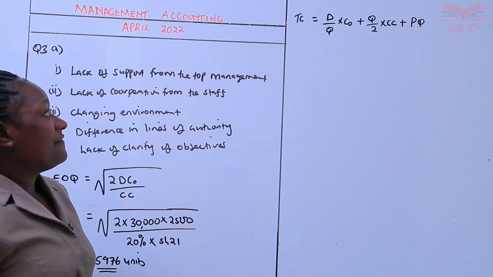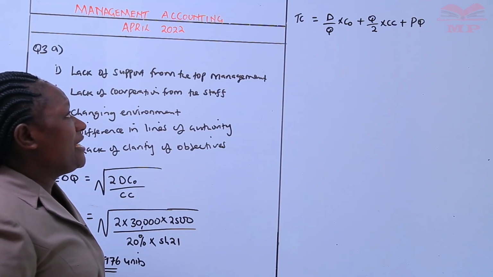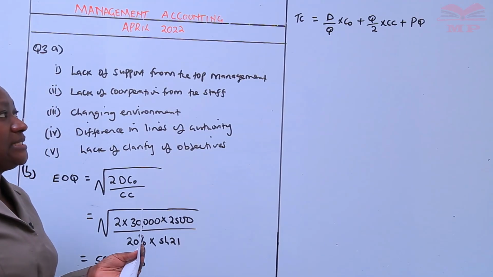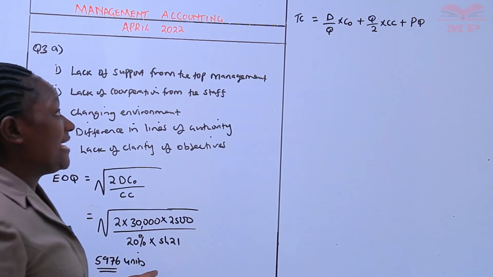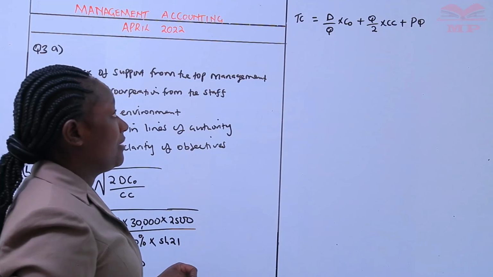So D is referring to the annual demand, Q is referring to the order quantity. For our case, the order quantity is the economic order quantity, and then CO is the ordering cost per order.